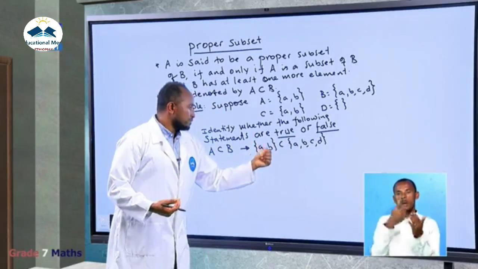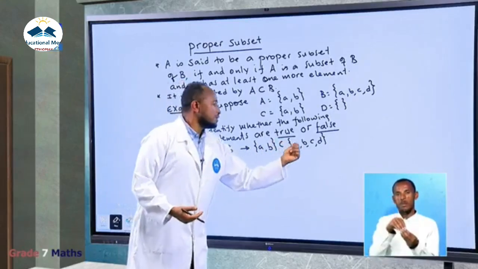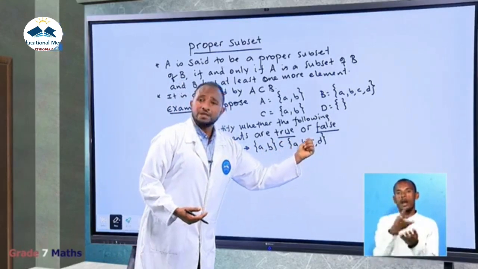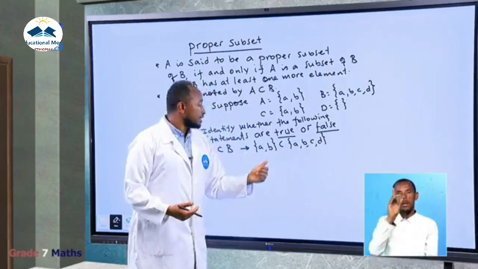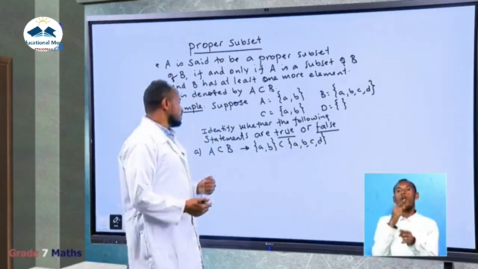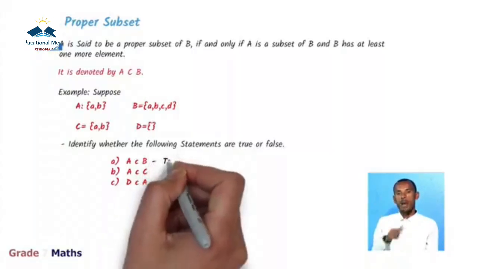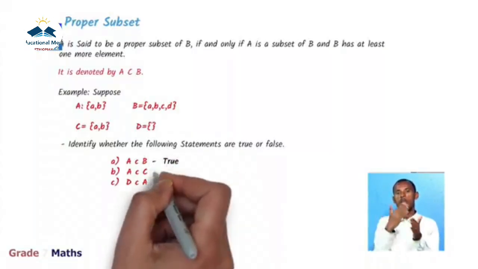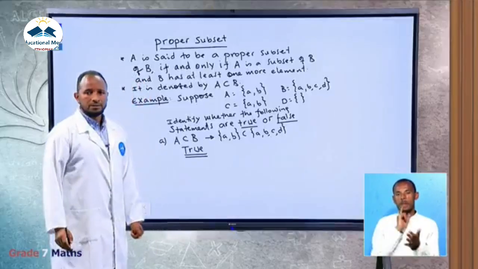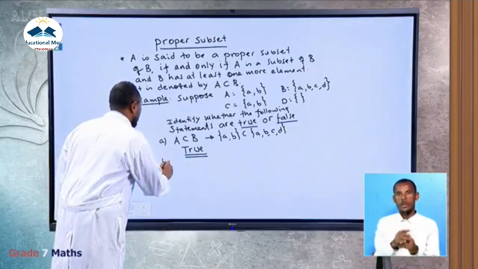All these two elements A and B are found in the second set. In addition to that, it contains additional elements C and D. Therefore, this set is a proper subset of the second set. The statement is correct. It's a true statement.